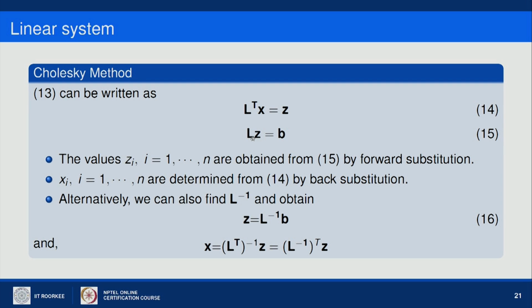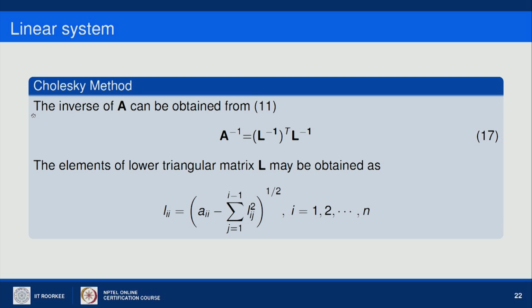If L is non-singular, you can calculate Z as L inverse B and then finally x as L transpose inverse Z, that is, L inverse transpose Z. Similarly, you can use the Cholesky method to find the inverse of a matrix. So, A inverse is given by L inverse transpose into L inverse.